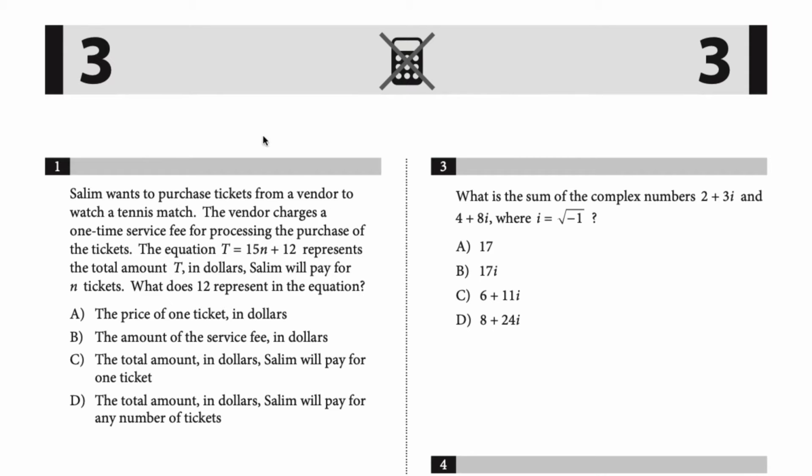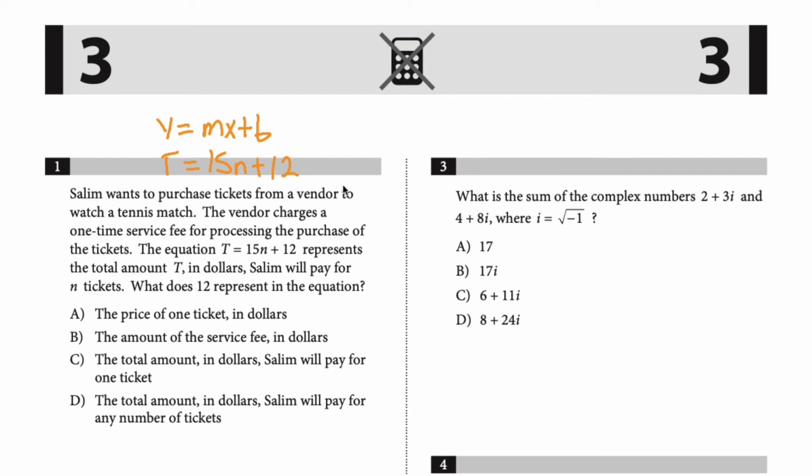For this question, we need to think about the equation in algebra that you learned, y equals mx plus b. And although they're not using y or x, we can easily substitute the variables. So instead of y, they're using T, and instead of x, they're using n.